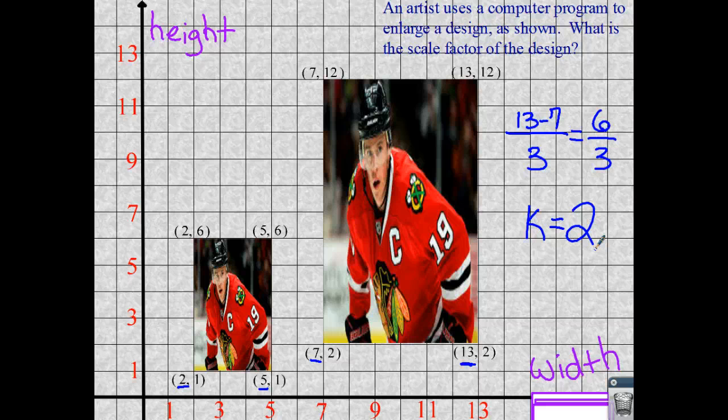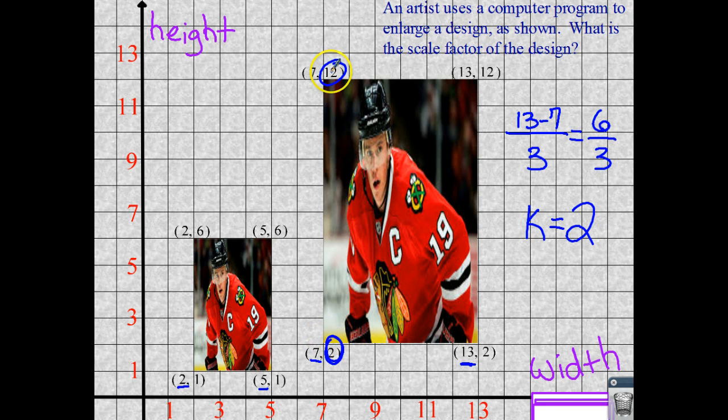Now, just to check that, let's check out the height of this particular picture. And if we're looking at the height, we're looking at the y coordinates. So we have the 12 and the, oh, I'm so sorry. No, we're looking, sorry. We're looking at, I was going to circle over. We're looking at the height, which is the 12, and then we come all the way down here, and we're looking at the 2.